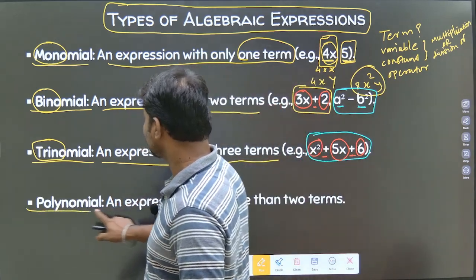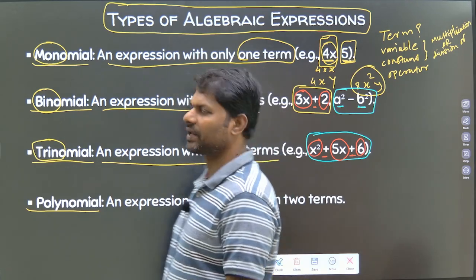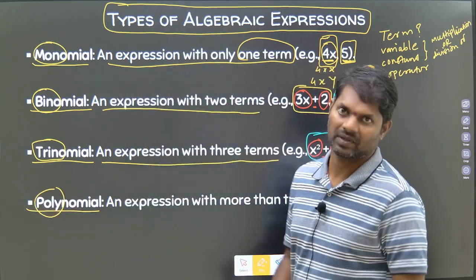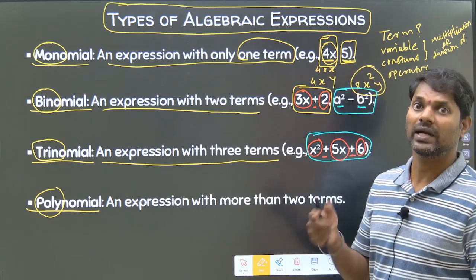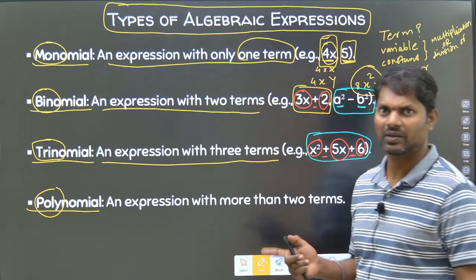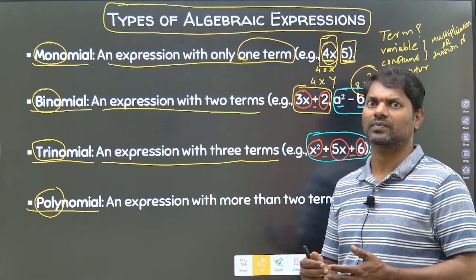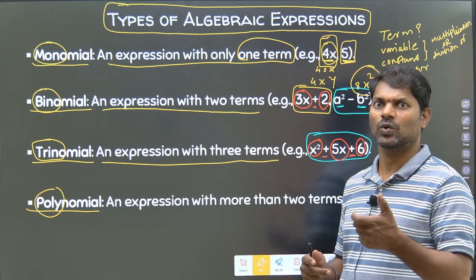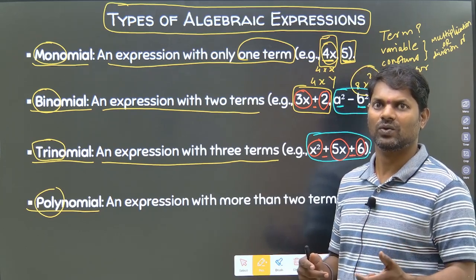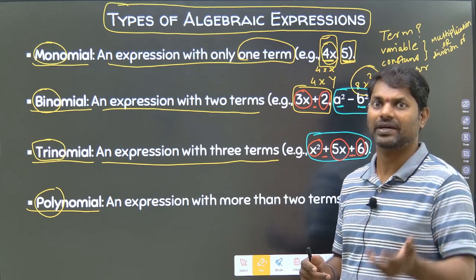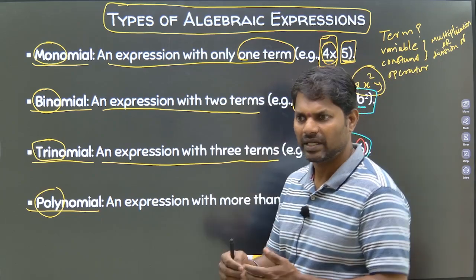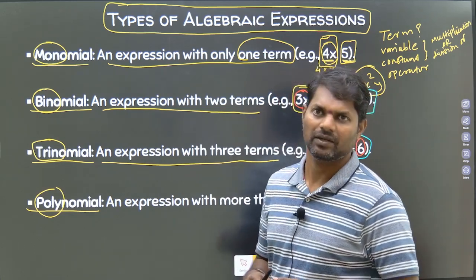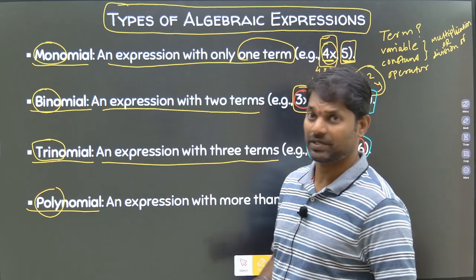Now let's move to the next type, that is polynomial. Poly means many terms, more than one term, that is called a poly. It is not possible to give a name for each type like mono, bino, trino. If four terms are there, if 5 terms are there, it is not possible to give names to all these types. So they are called polynomial expressions.